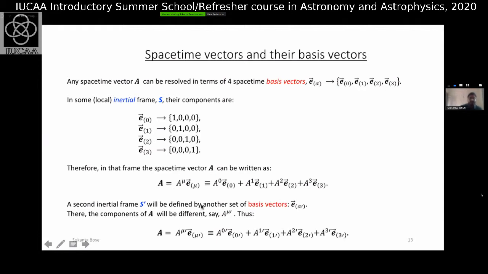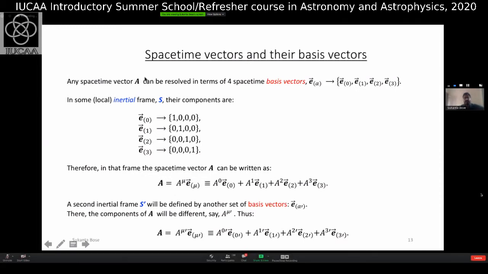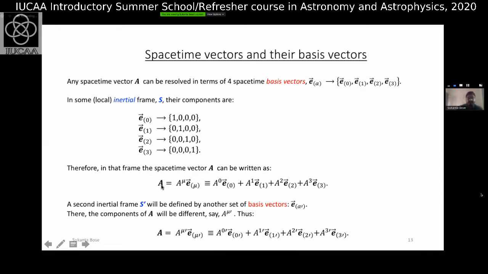Now under a coordinate transformation, and this is a very key insight, so keep it in mind: the 4 vector itself does not change. A does not change. A is a vector which doesn't care who is measuring it. It just exists. If there's a current distribution that has produced a certain A vector at any space-time point, then it exists like that.